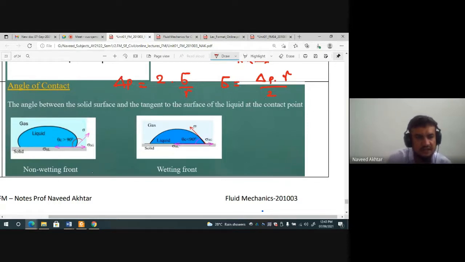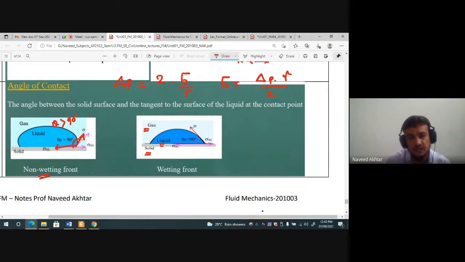If this is the droplet and the droplet makes a tangent to the surface, and the angle between the two surfaces, theta, is greater than 90 degrees, then it is said to be a non-wetting condition, so your solid surface will not be wetted. But if the angle of this tangent to the liquid surface is different, then there are gas as one medium, liquid as another medium, and solid as another medium.